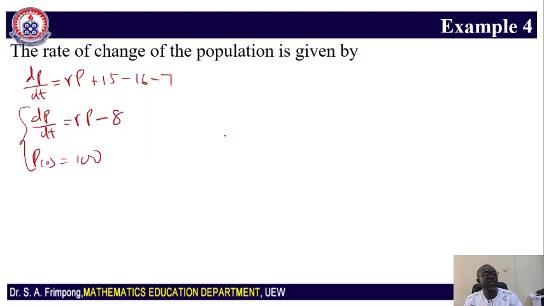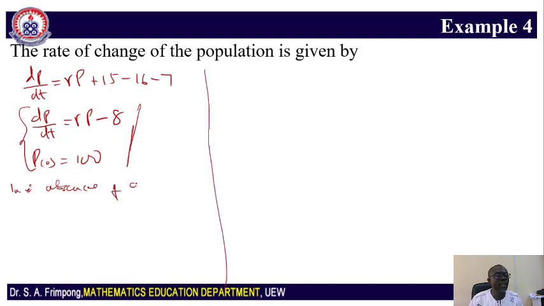So we want to look at that one first. But this is the model we are going to solve. In the absence of any outside factors, that means no migration, nobody is eating, nobody dies, our population model will be dp/dt equals rp with p of 0 equal to 100.